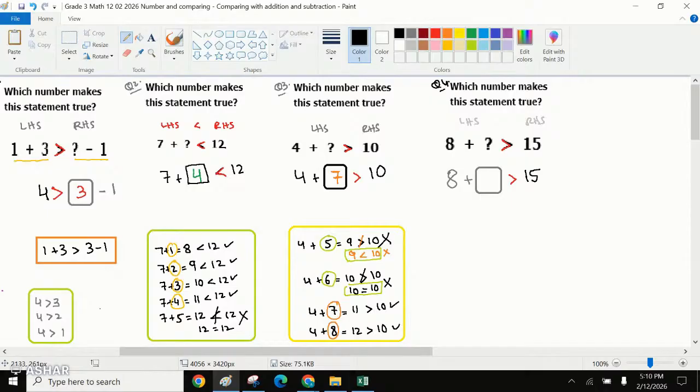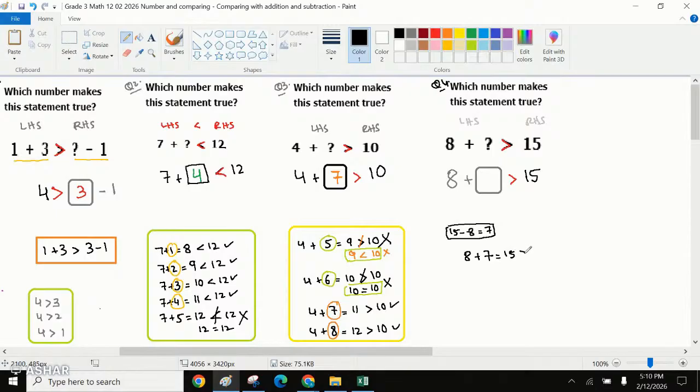The simplest way is 15 minus 8. Once we do 15 minus 8, we get a 7, right? So we start from 7. Perfect. So that means if I add 8 plus 7, that is 15.